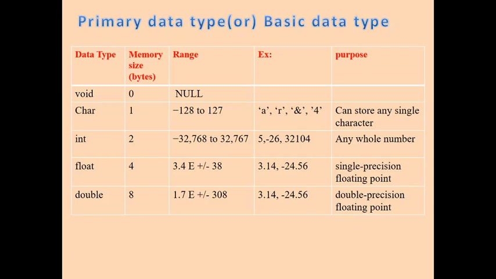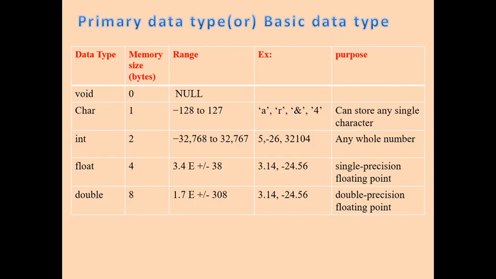For unsigned, it will be 0 to 65,535. For example, consider the numbers 5, -26, 32,001, 32 lakhs, 1,004, etc. Any whole number, like the age of a person. Like that we use integer numbers, rounded numbers.